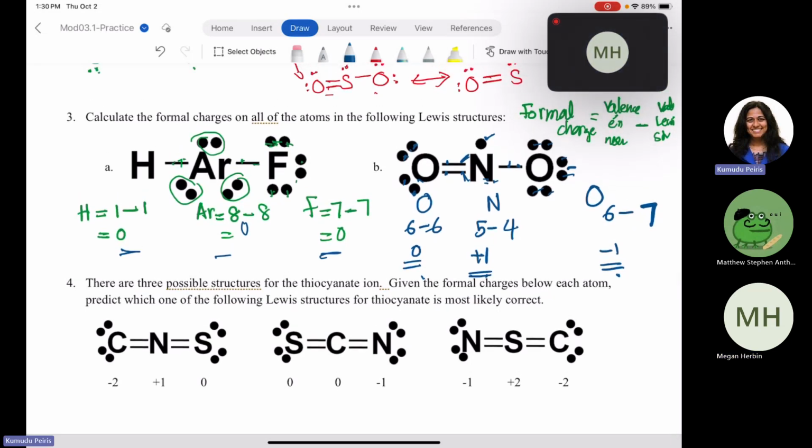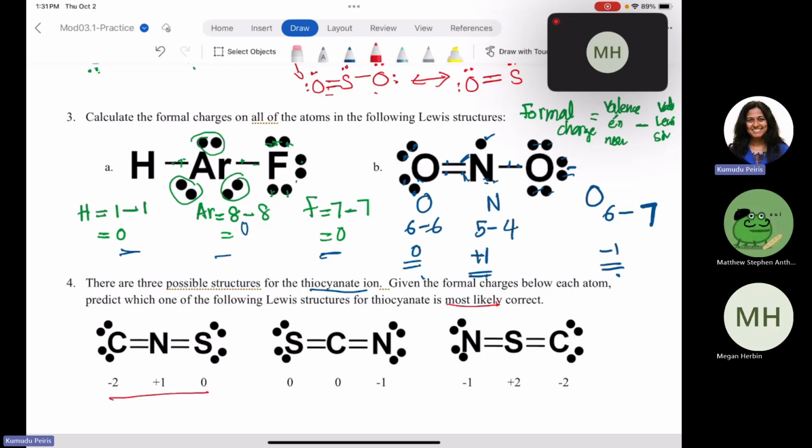The next question. There are three possible structures for the thiocyanate ion. Given the formal charges below each atom, predict which one of the following Lewis structures for the thiocyanate is most likely correct. When we are given more than one Lewis structure, how do we decide the best one? The best one should have fewer charges.